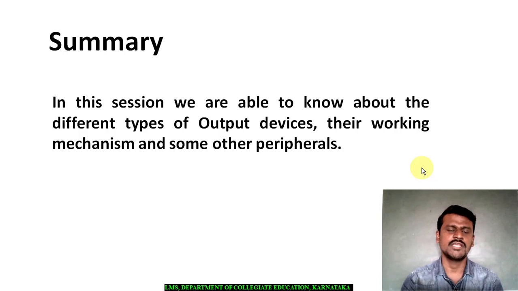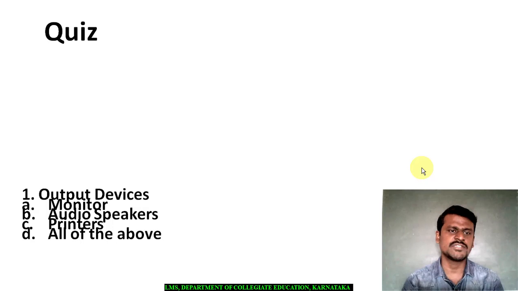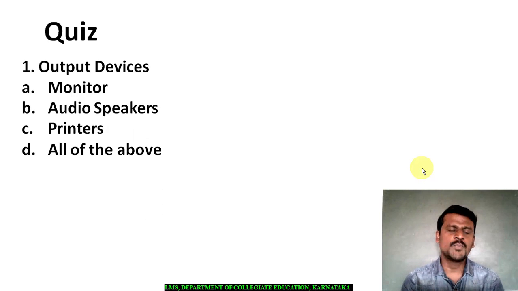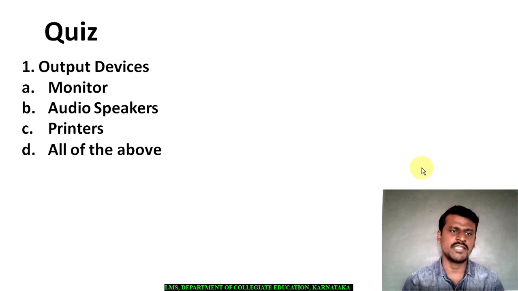Now we will move on to the important section, that is the quiz, right? First question, output devices. Which of the following is an output device? Option A, monitor. Option B, audio speaker. Option C, printers. Or option D, all of the above.